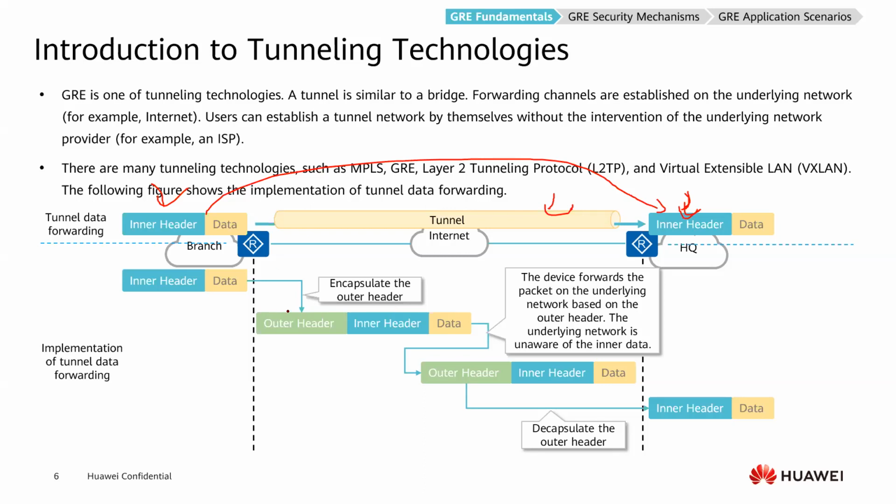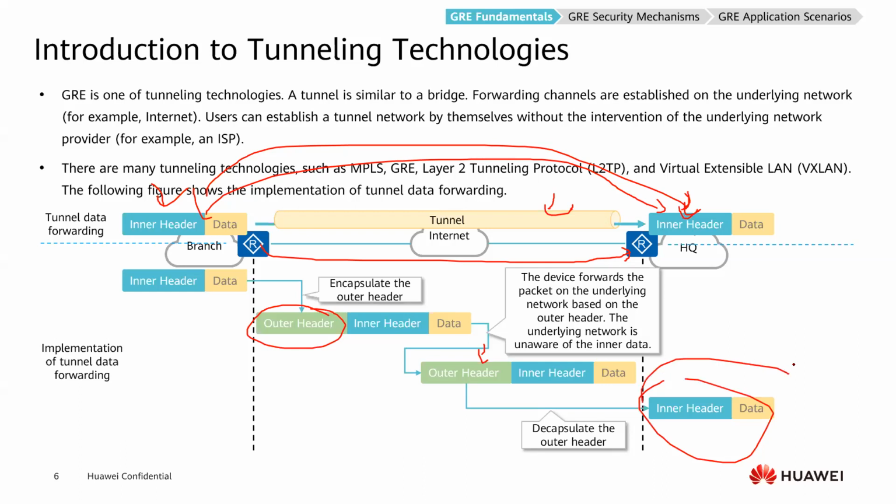You create another outer header, and that outer header helps forward the packet from one device to another. When it reaches the other device, it decapsulates the outer header and uses the inner header to continue the forwarding.